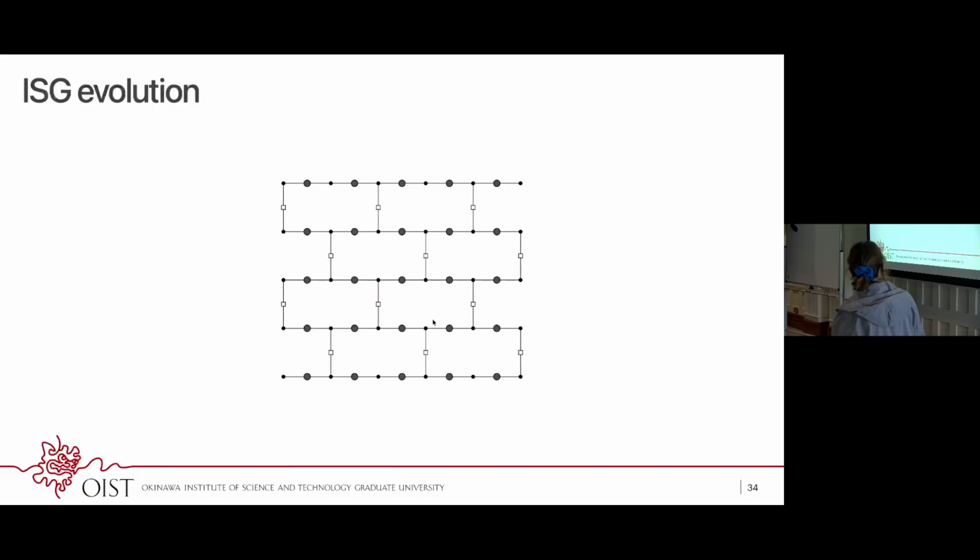Because the X stabilizers anti-commute with the ZZ pairs, we remove them from the stabilizer group, but the product stays. And then we again measure the 4-qubit X stabilizers.